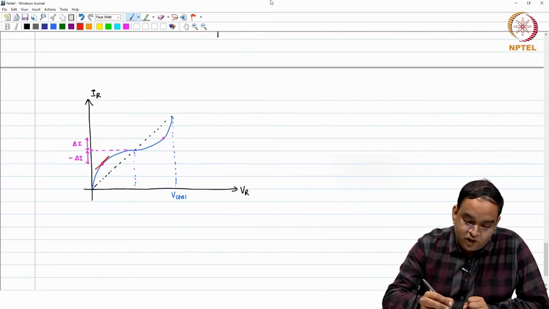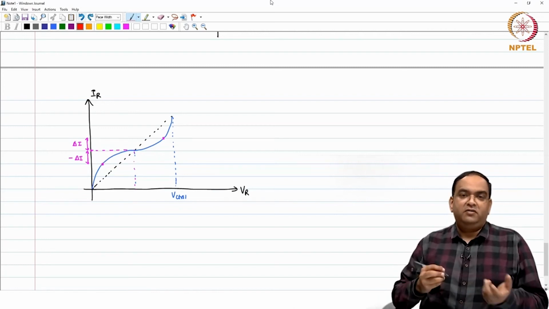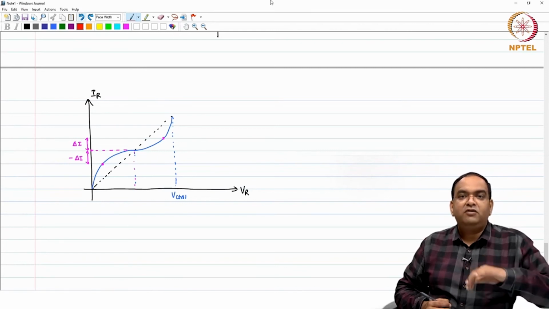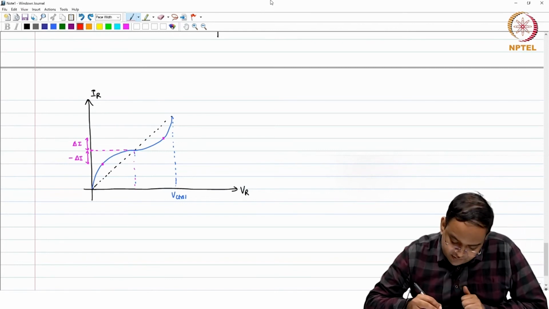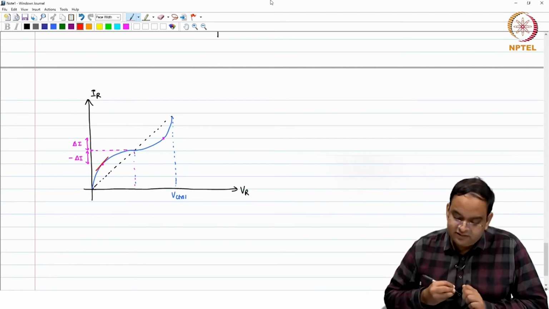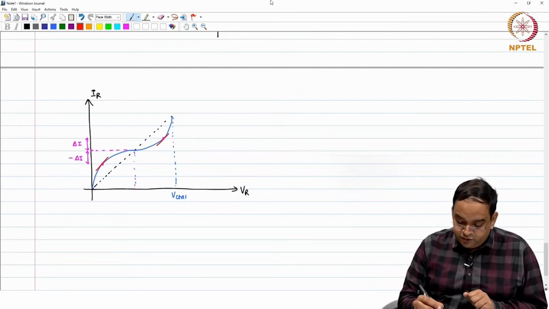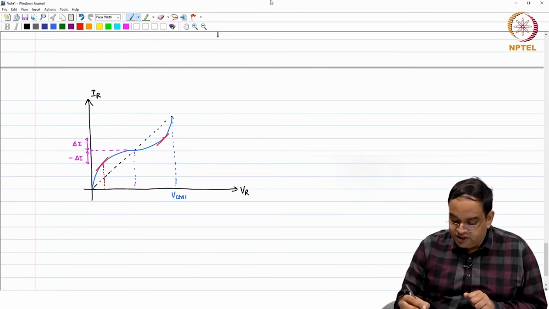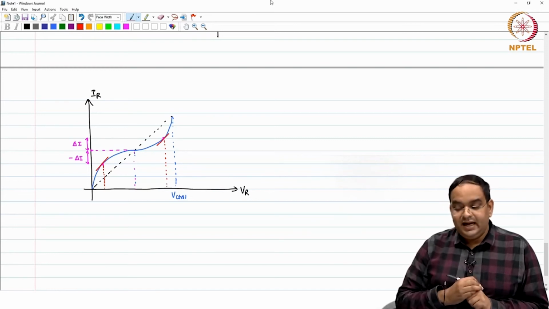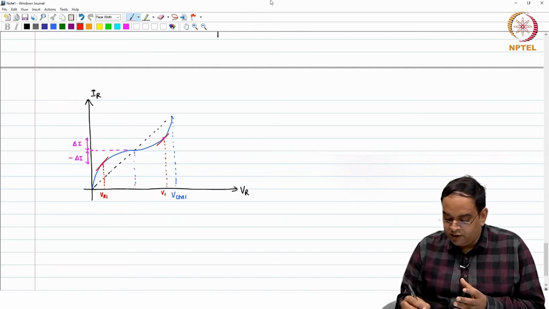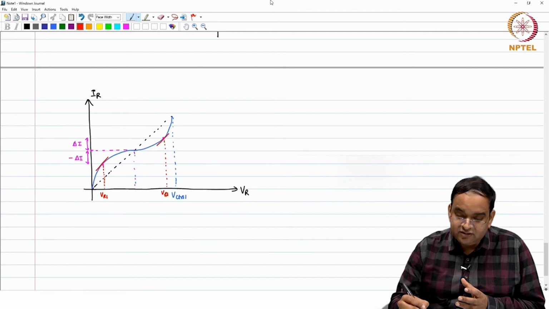So, the resistance is not only calculated as V by I. For a nonlinear device, you are going to calculate resistance as the derivative of that nonlinear function. So, here the resistance is the slope at this point, and here the resistance is the slope at this point. Okay. You see that for the change in the current plus delta I and minus delta I, and for the different voltages VR1 and VR2, the slope remains the same.